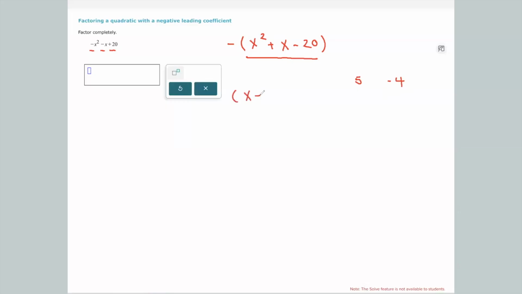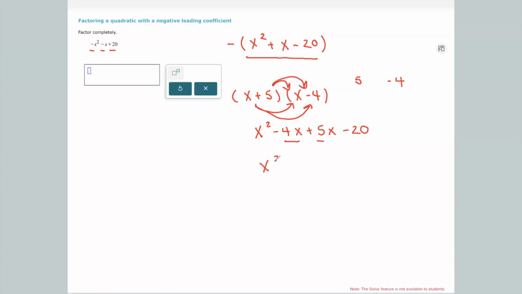And the way we check this, so we can do x plus 5 times x minus 4. And again, we FOIL and check. So we have x squared, and then minus 4x plus 5x, and then minus 20. And again, negative 4 plus 5 gives 1.